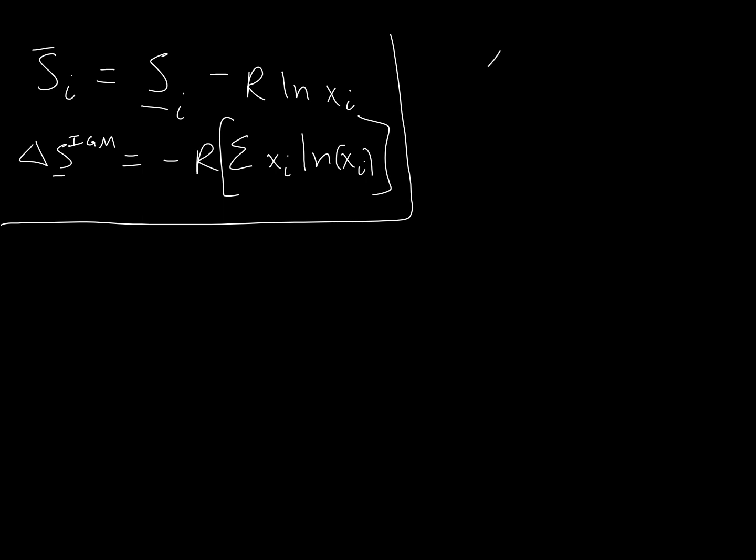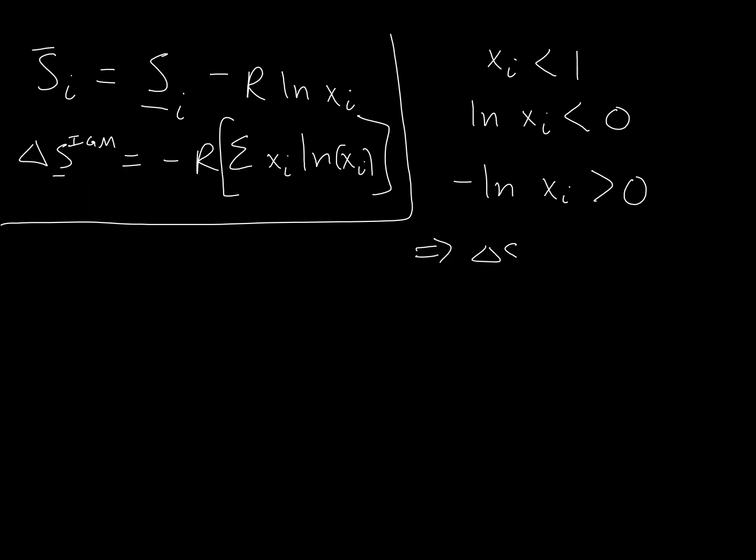So if we look at this, we say that xi is always less than 1. It just has to be by definition. So that the ln of xi is always less than 0, so that the negative ln of xi is greater than 0.